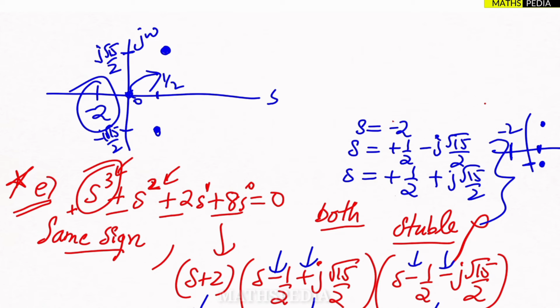Since roots have come on the right side, we can say that it is unstable. But by our conditions both the conditions are satisfied, and still it is unstable. So whenever both the conditions are satisfied, we have to check with Routh's criteria, which will determine the sufficient condition for the stability.